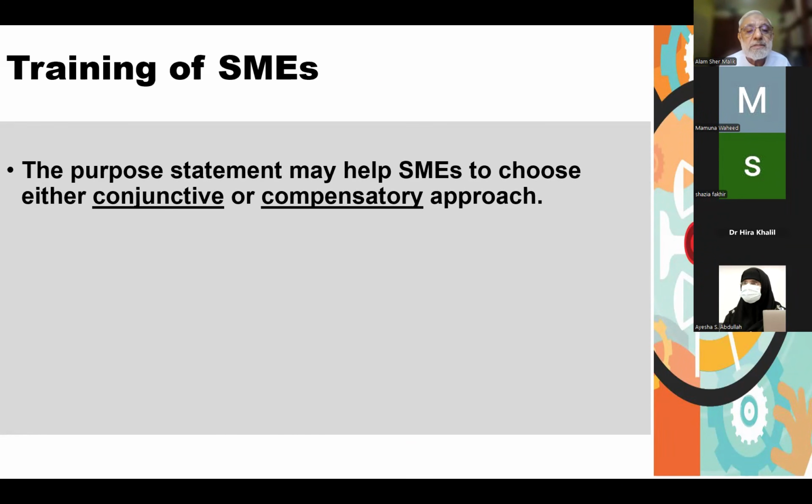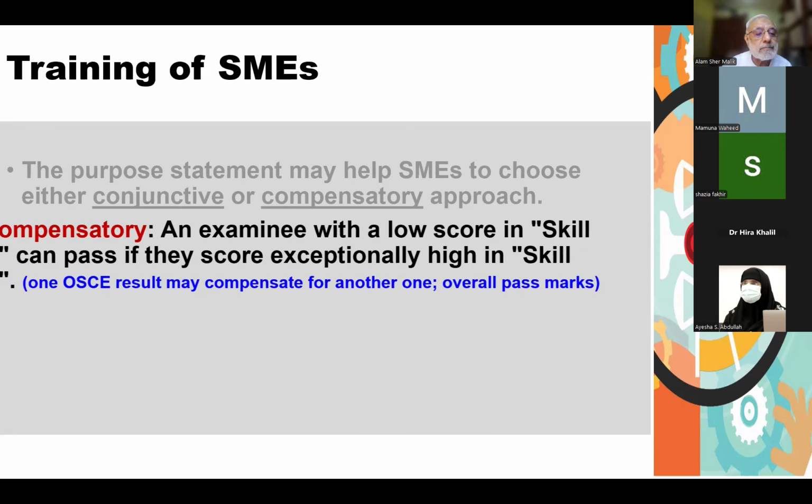The purpose statement may help SMEs to choose either a conjunctive or compensatory approach. Again, it might seem that I'm trying to make it difficult, but it's not. You will understand it very quickly, because the purpose statement influences the approach of the SMEs, and they may have a conjunctive approach or a compensatory approach.